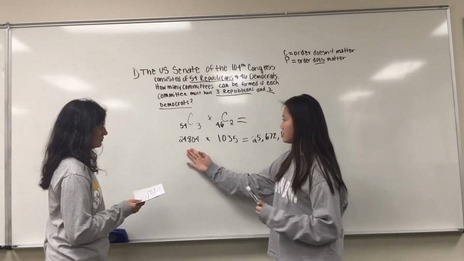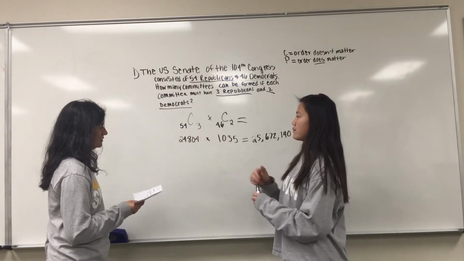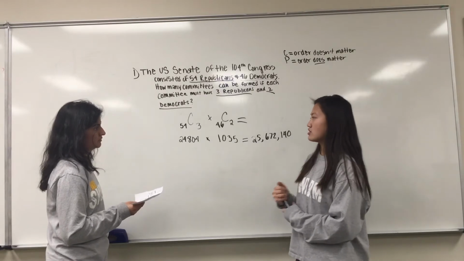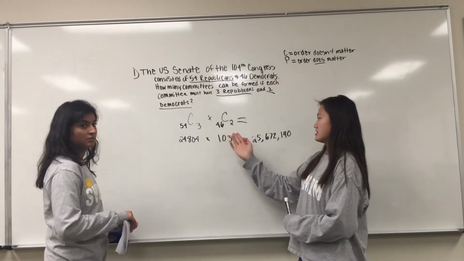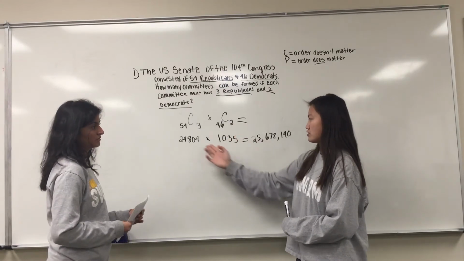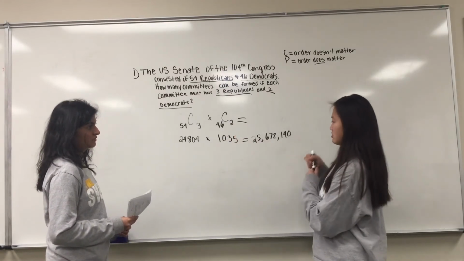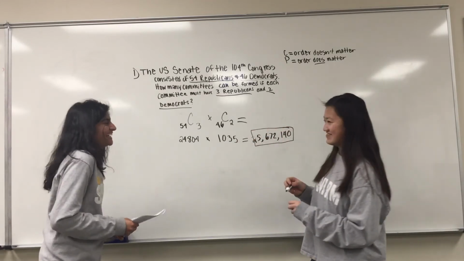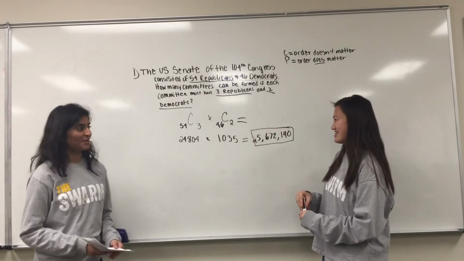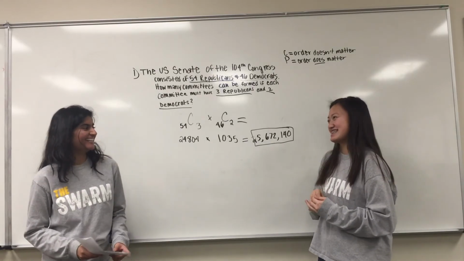This first number is 54C3, and you can solve it using the equation we gave you earlier. This is 46C2, and then you multiply them together and get this big number. It looks a little bad, but that's the answer.